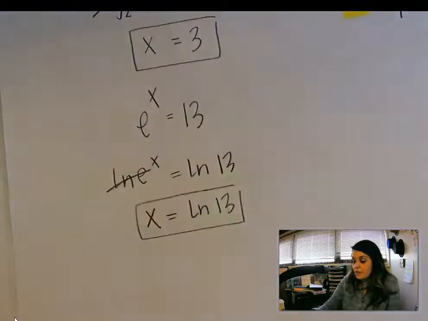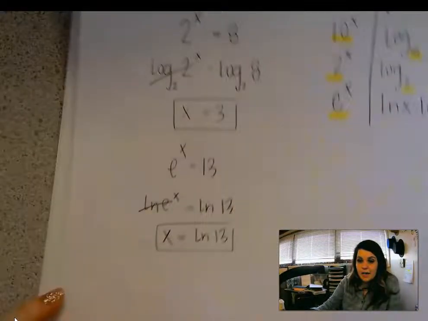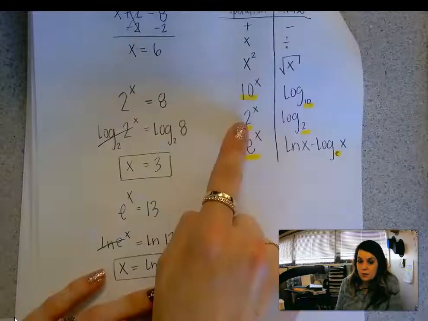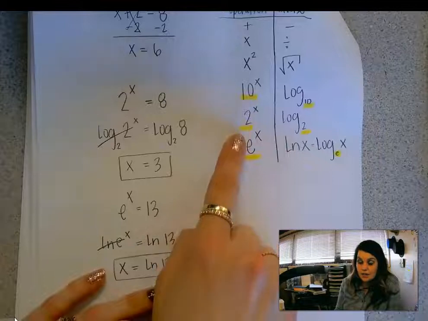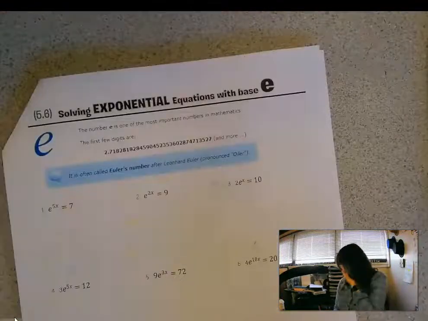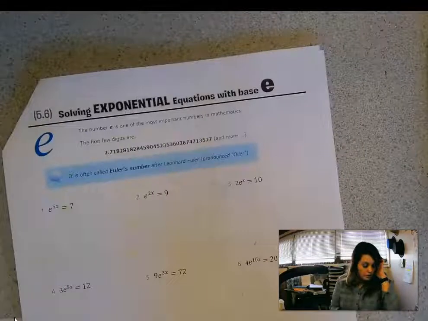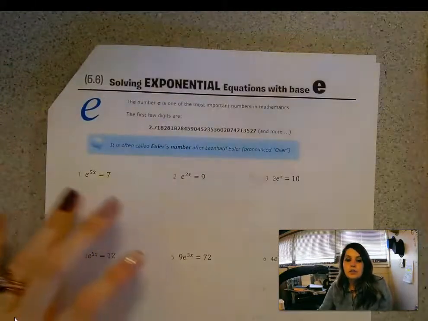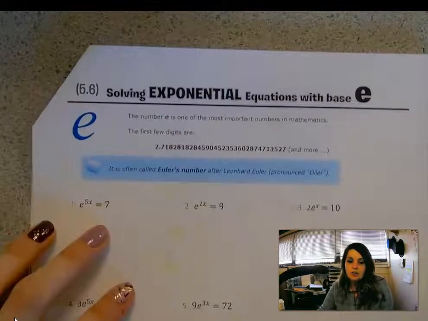So this is the very basics, and the takeaway is that the inverse of an exponent or an exponential is a logarithm. So on this page, if I flip back, I will remind you that all of the problems that we are doing on this page have base e. I should probably also remind you that e is just a special number.